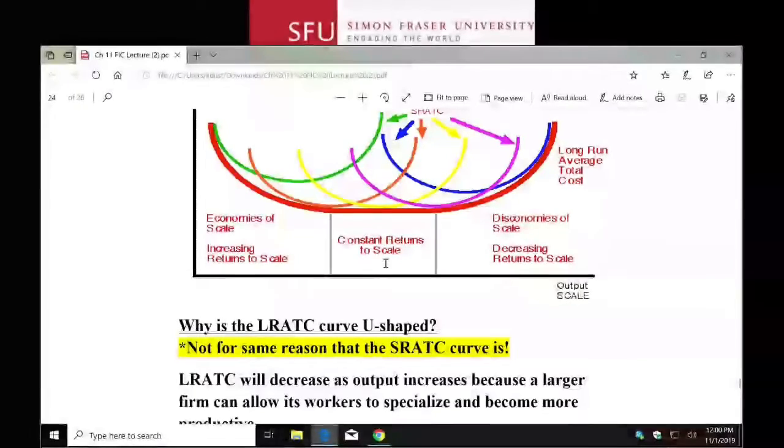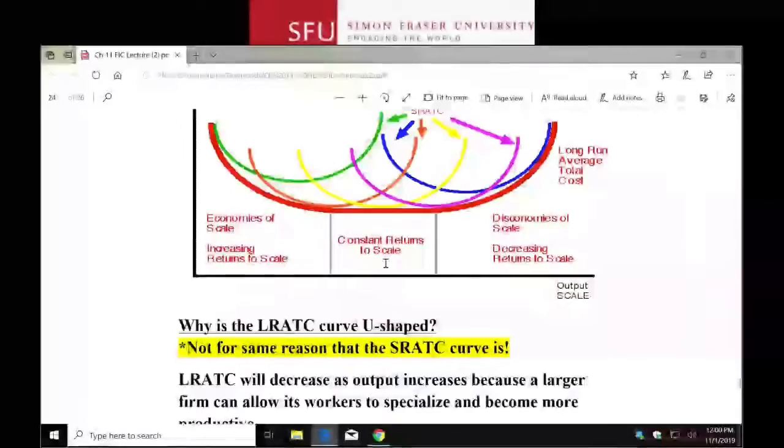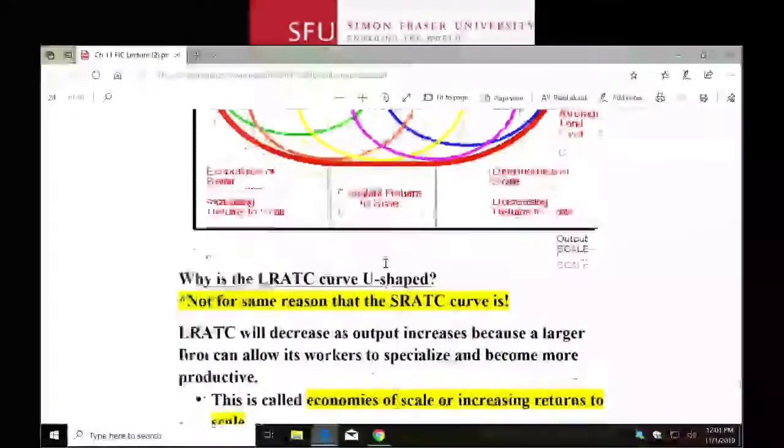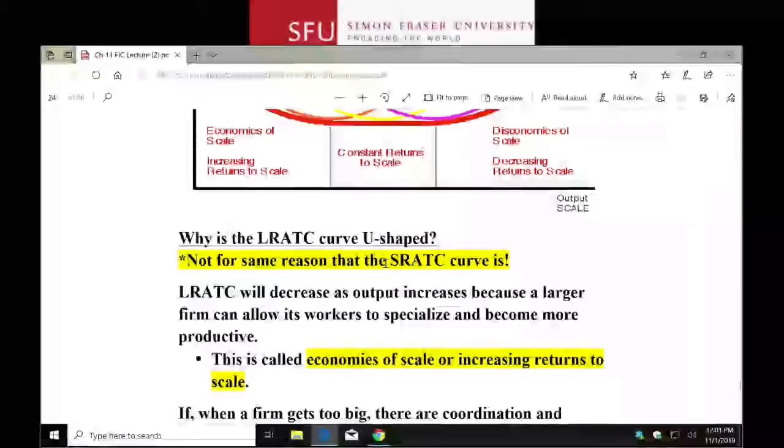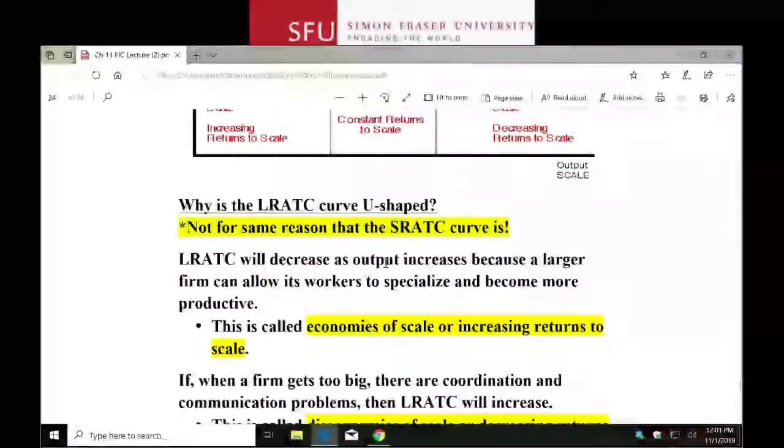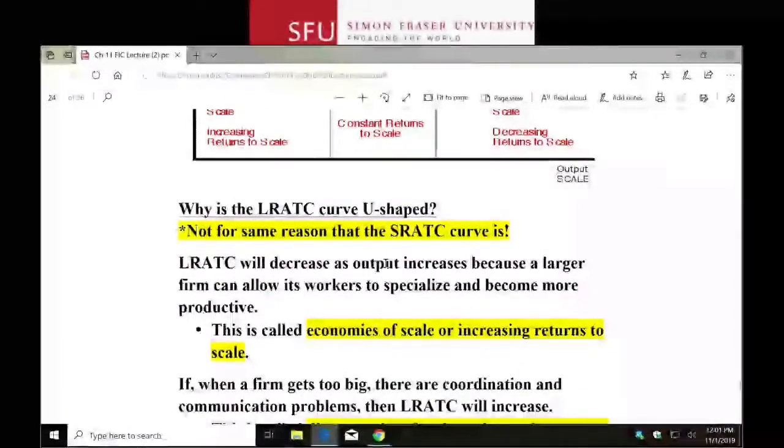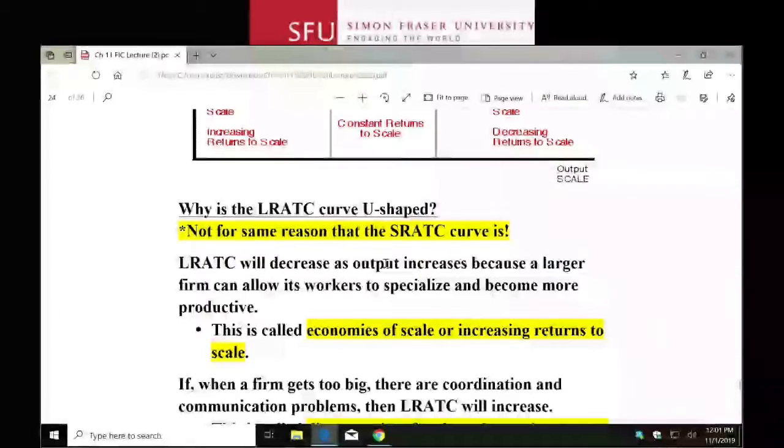So as you increase production, you can do those things that help you increase your productivity and bring your costs down. All right, so that would be called, now there's two ways that you can describe that. That would be economies of scale, or you can say increasing returns to scale.